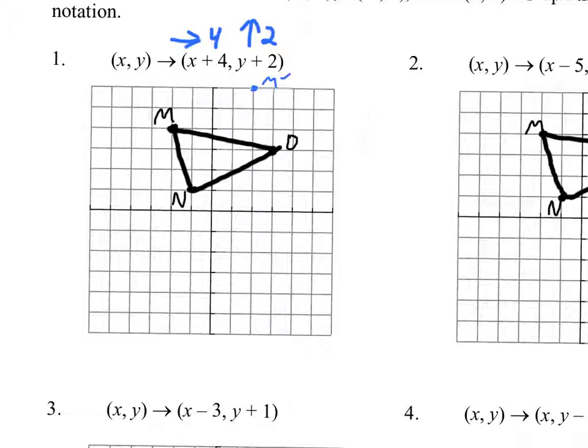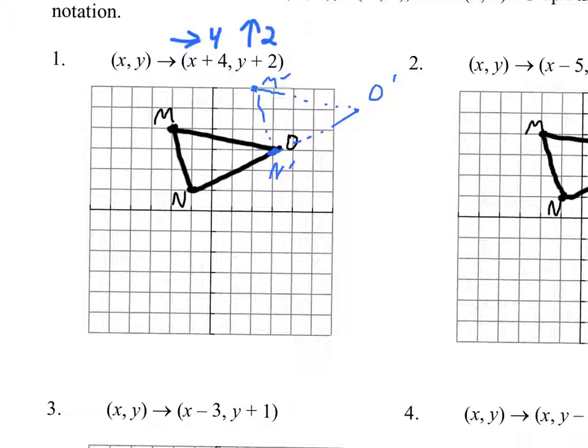When you go up 2, that'll be right here. And N, moving over 1, 2, 3, 4, and up 2. Oh, look at that. Just by coincidence, N prime will be in the same place that O used to be in. And then we'll connect those with dashed or dotted lines. And there we go, you're done.